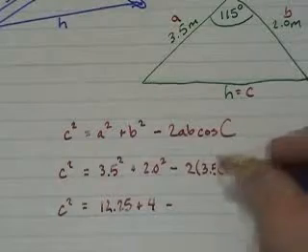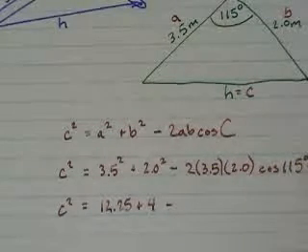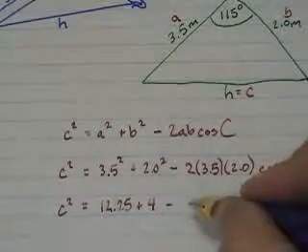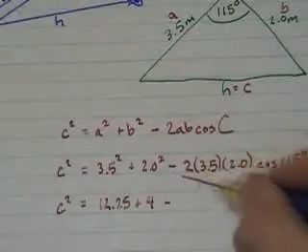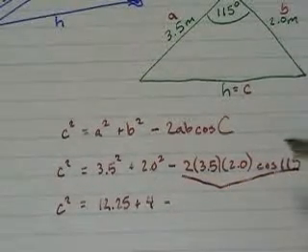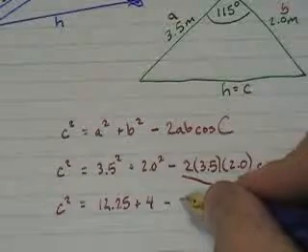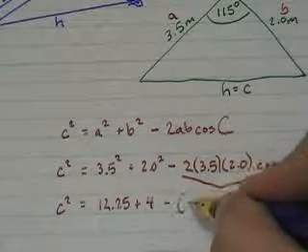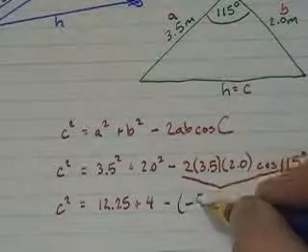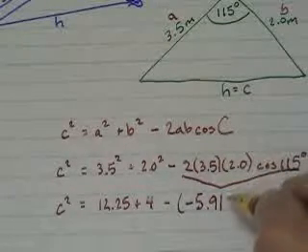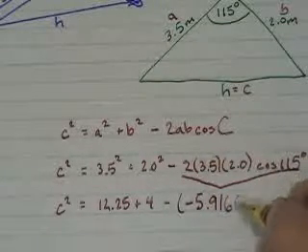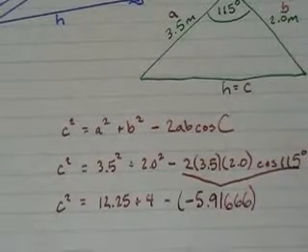And then I'm going to multiply that times the cosine of 115. And when I multiply all of this together, and make sure you're in degree mode, I get negative 5.91666.